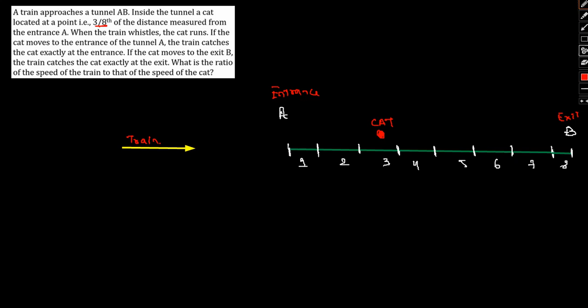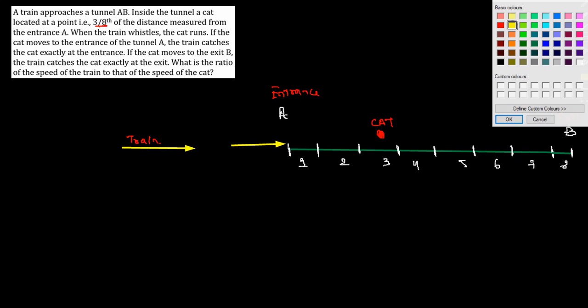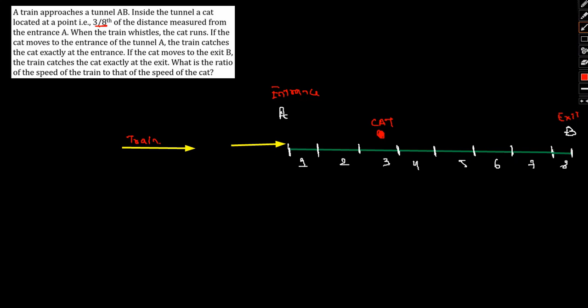So by the time the train reaches here, the cat also reaches here. That is, the cat and train reach this part together.